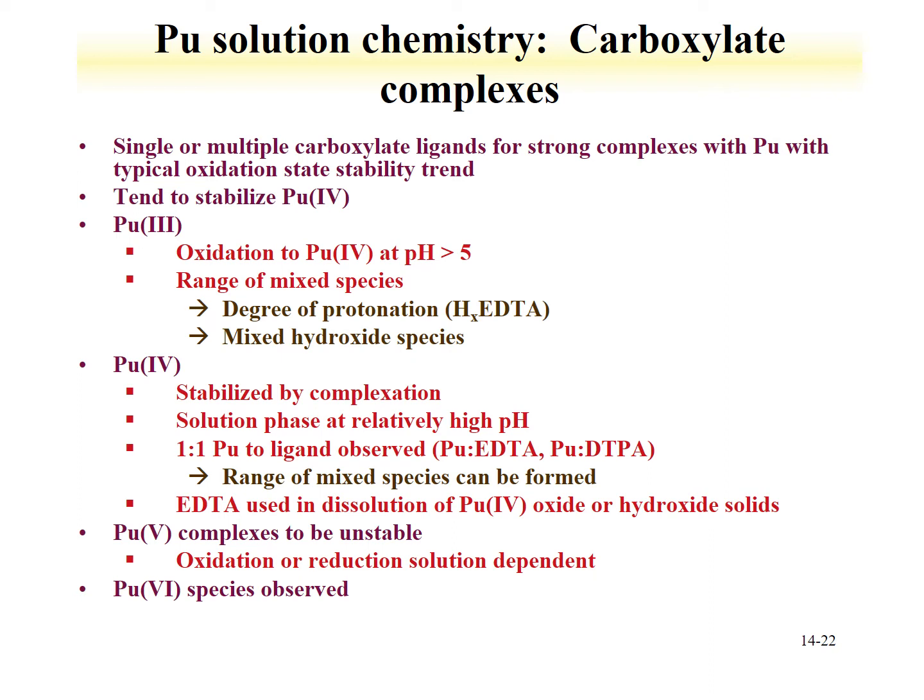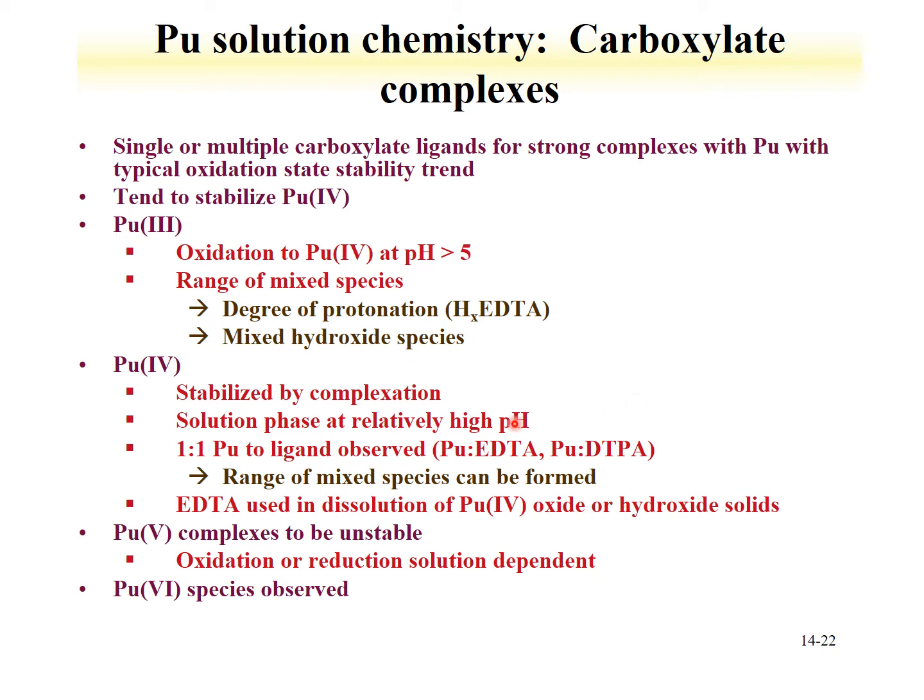Plutonium-4, as we already mentioned, is stabilized, and you can form these compounds, and plutonium will stay in solution at relatively high pH. And if you remember looking at the speciation diagram of plutonium-4 free metal, at any sort of pH you tend to get a precipitate. However, if there's a carboxylic based ligand in your system, you can have solution phases.